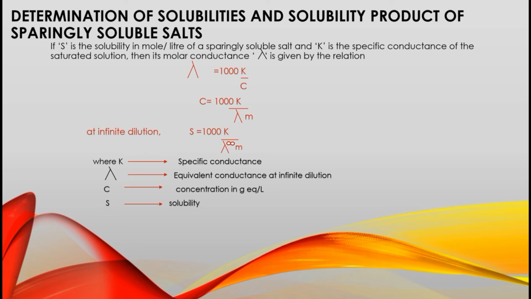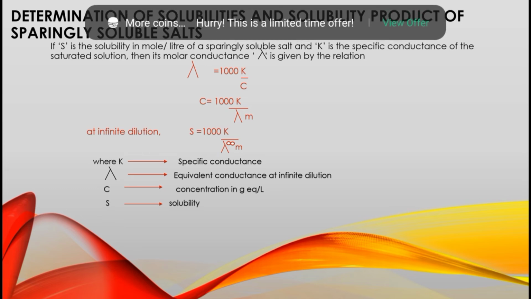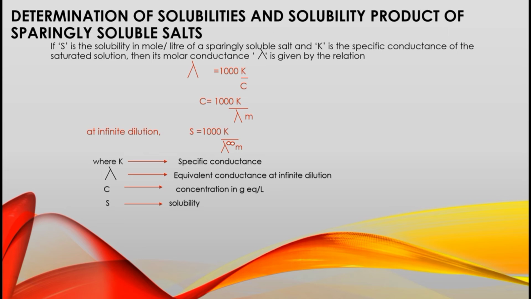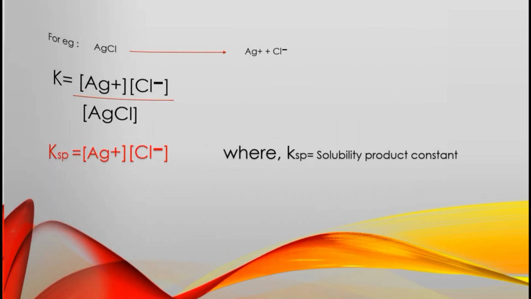At infinite dilution, S = 1000 K upon lambda infinity m, where K is the specific conductance, lambda is the equivalent conductance at infinite dilution, C is the concentration in gram equivalents per liter, and S is the solubility.